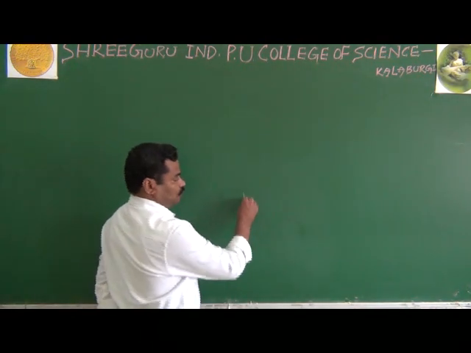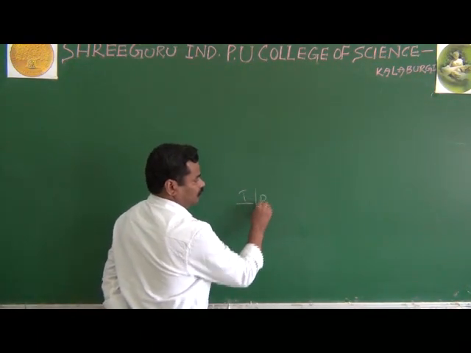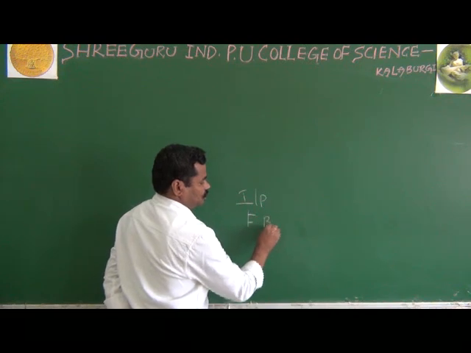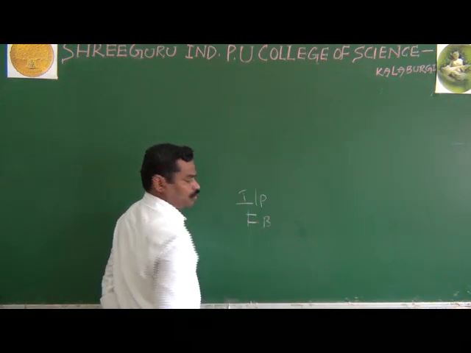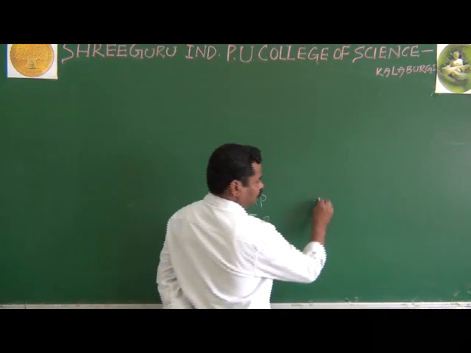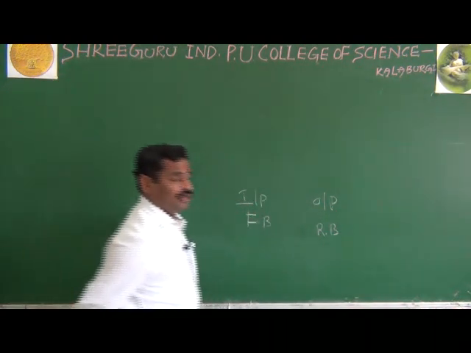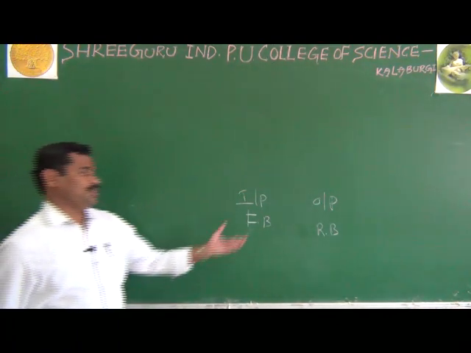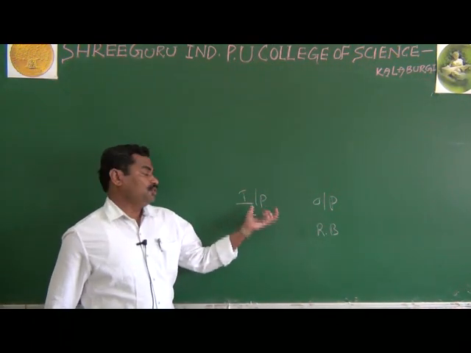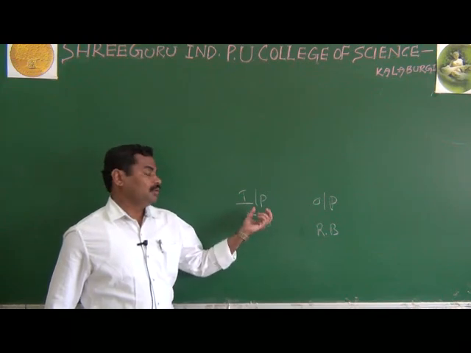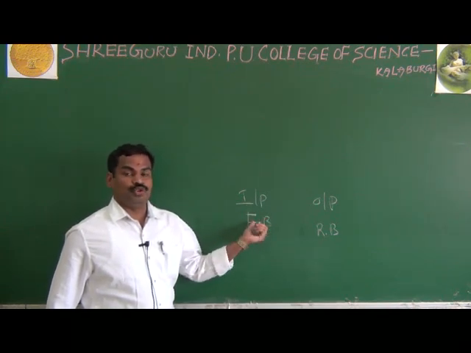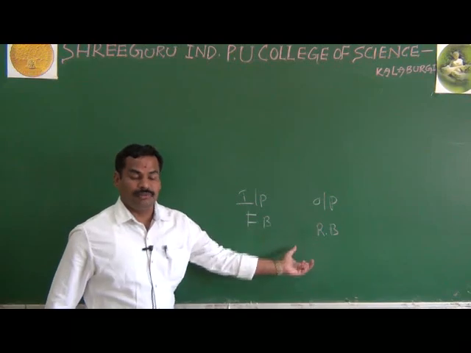The input should be forward biased and the output should be reverse biased. If this condition is not satisfied, the transistor does not conduct.